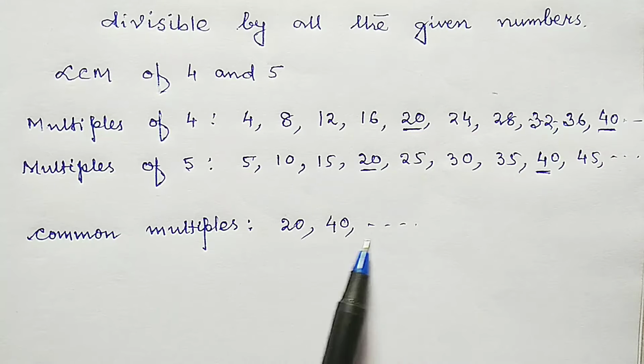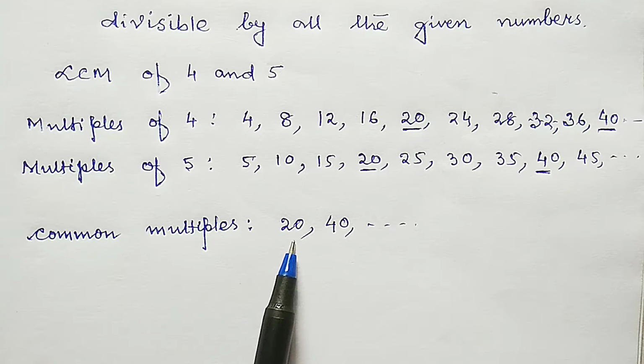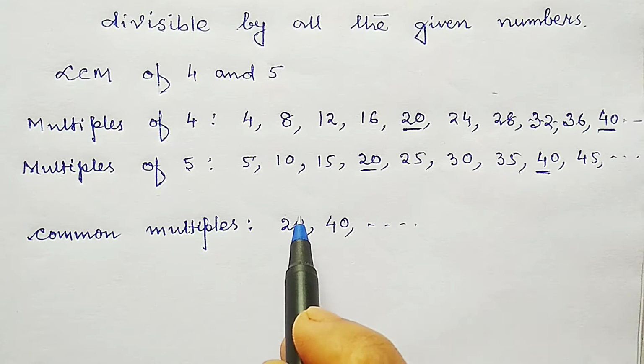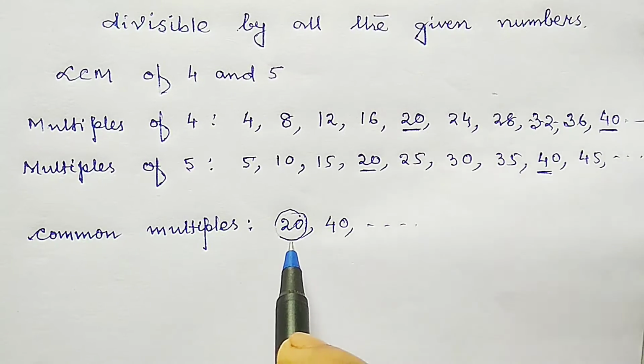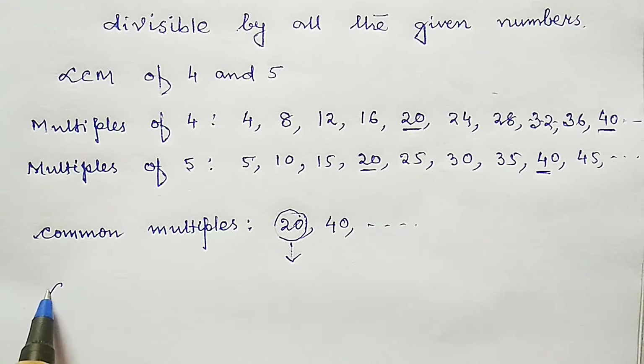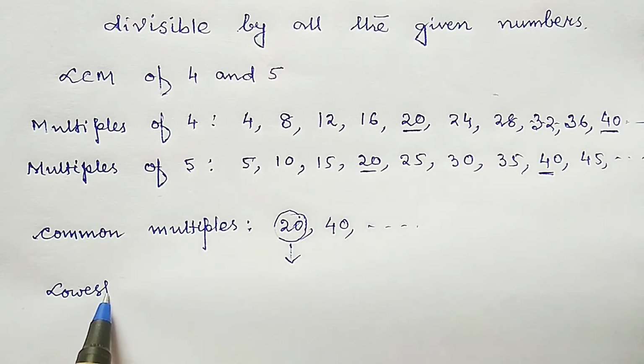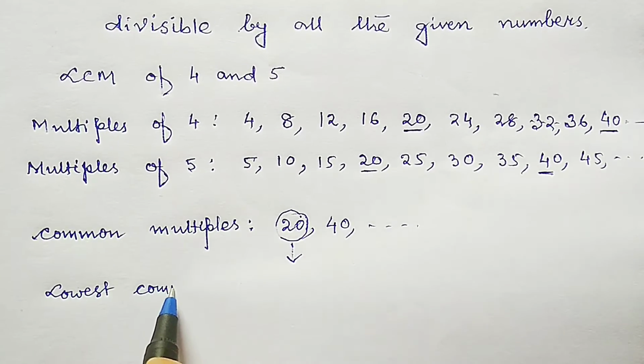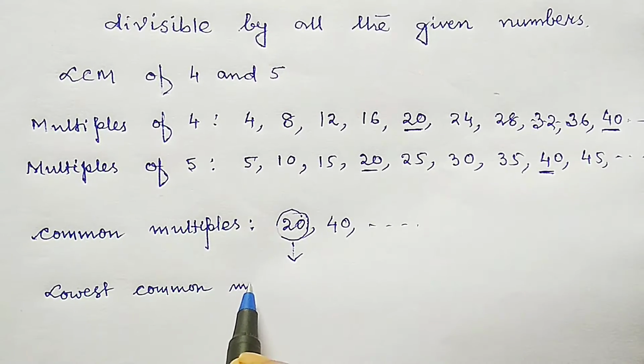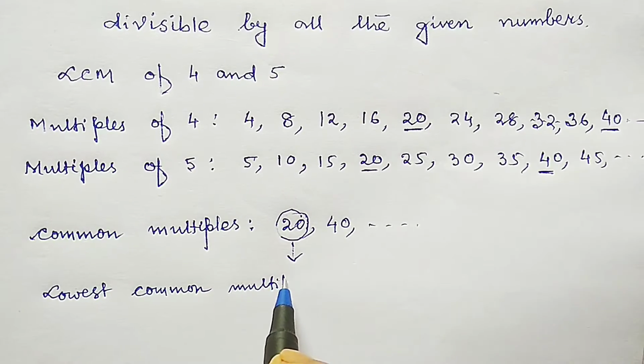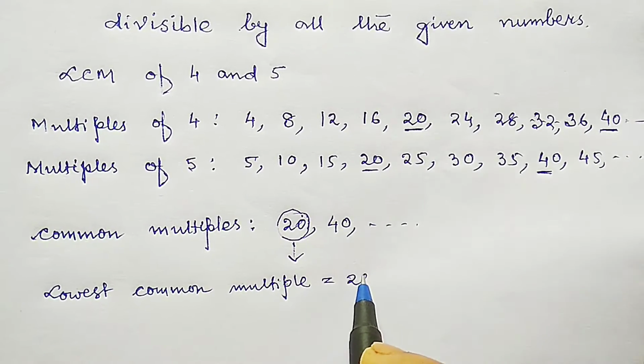Out of these common multiples, which is lowest? Lowest is 20. Since 20 is the lowest common multiple, so we can write lowest common multiple is 20. And that's the answer.